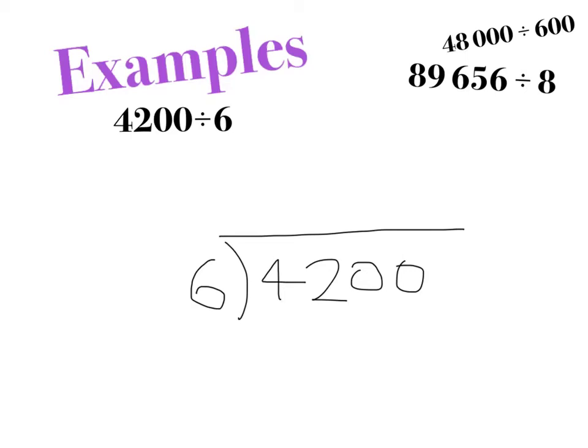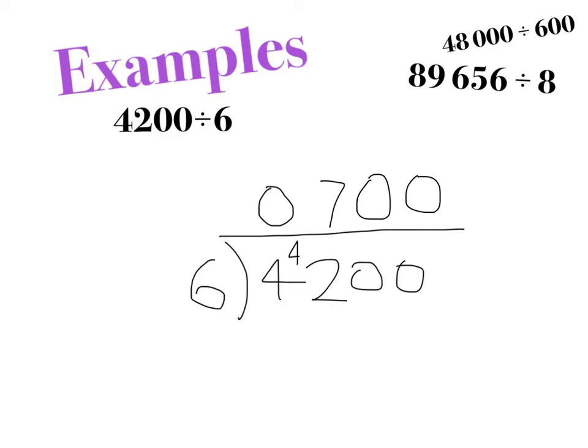Uh-oh, can't do. Carry that one. How many times does 6 go into 42? That goes 7. Yeah, 6 sevens are 42. Excellent. So I put my 7 down there. How many times does 6 go into 0? Zero times. How many times does 6 go into 0? It doesn't go at all. So that's my answer, 0700.